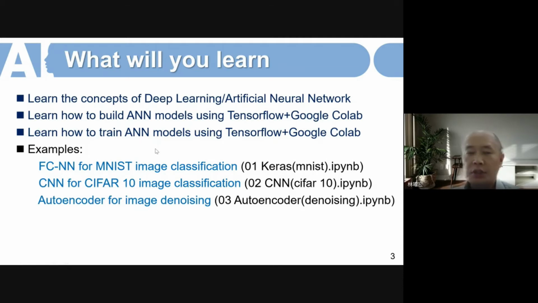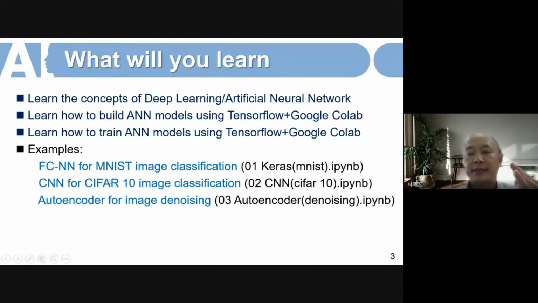We will see examples containing a fully connected neural network for a very public dataset called MNIST. The dataset is for image classification, and in general it is for deep learning beginners. The second example is the convolutional neural network for another dataset called CIFAR-10.